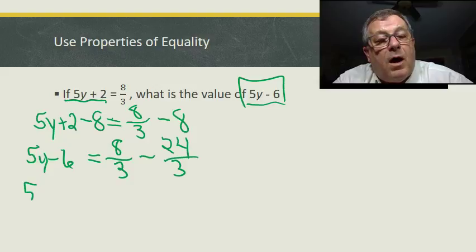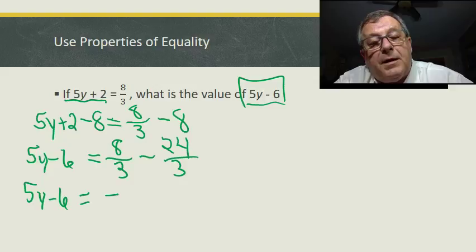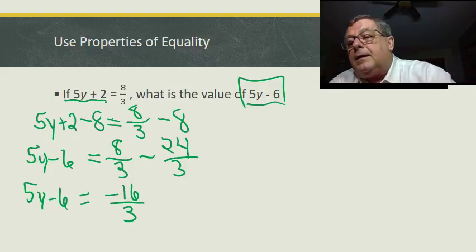So 5y minus 6 equals 8 less 24, which is negative 16 over 3. Technically, that's my answer.